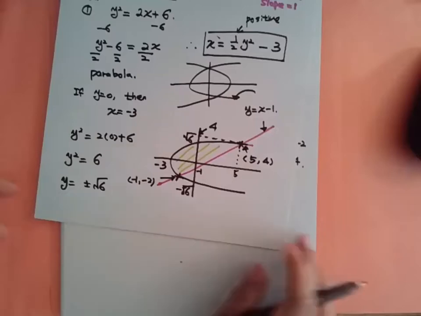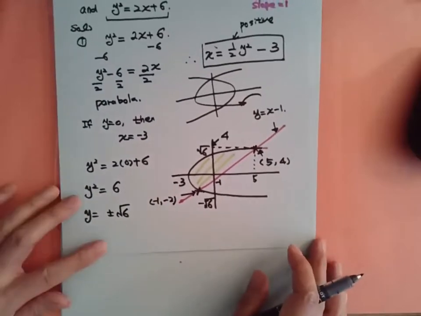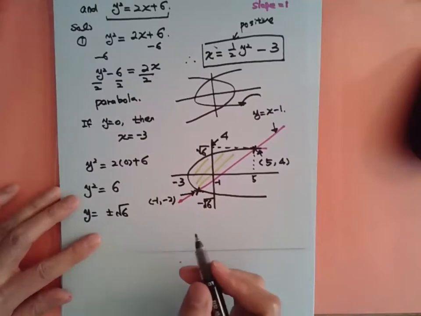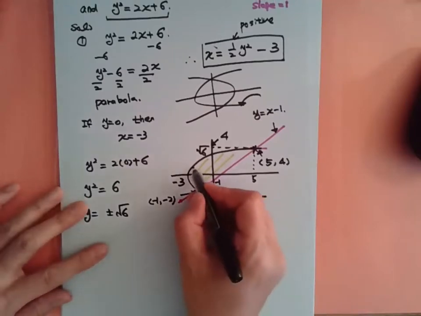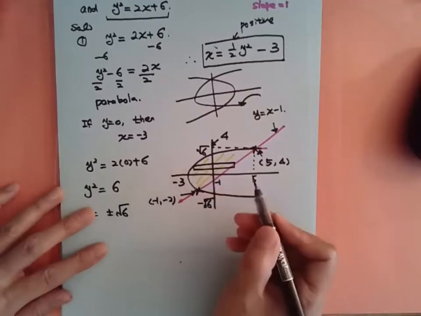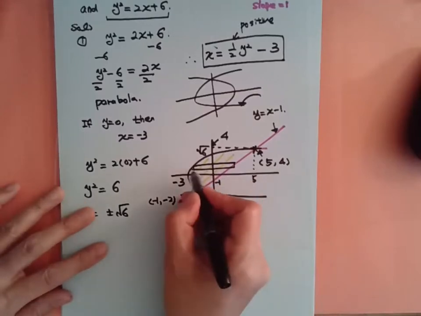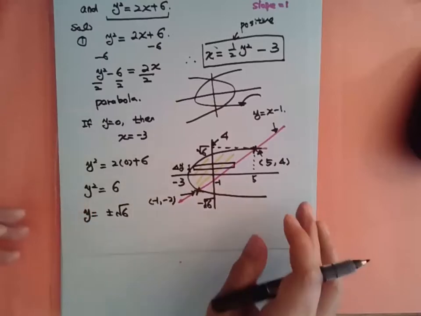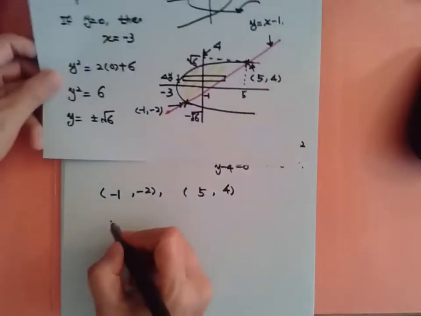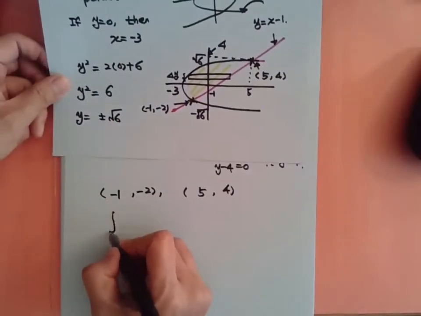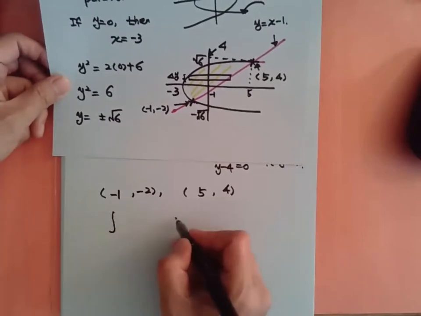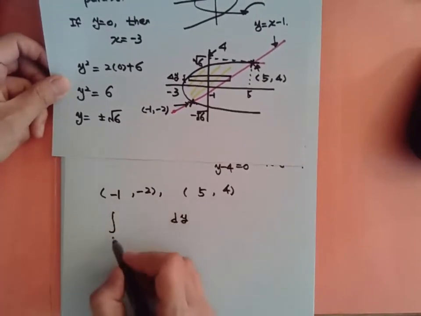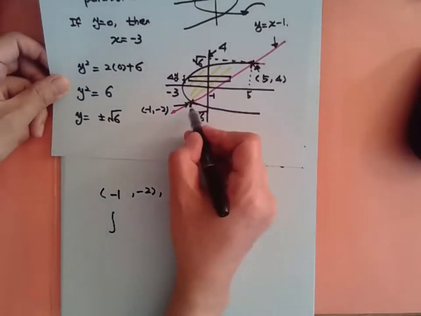But we solved for x, so the rectangles we have to use will be horizontal rectangles. So instead of thinking about delta x, this time we are thinking about delta y. That means the integration should be integration dy, and the range you have to write down here will be the y range.